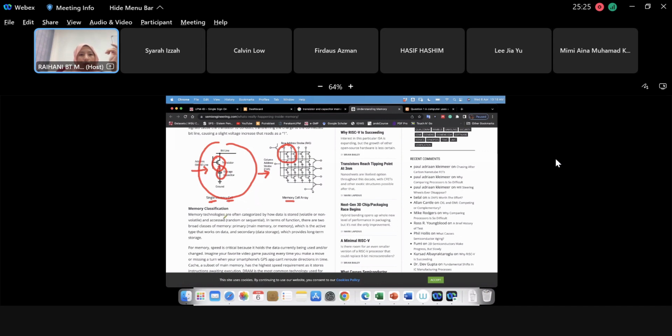Okay, all right. So in memory technology, we categorize how data is stored, either volatile or non-volatile.